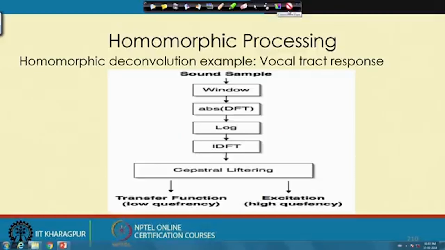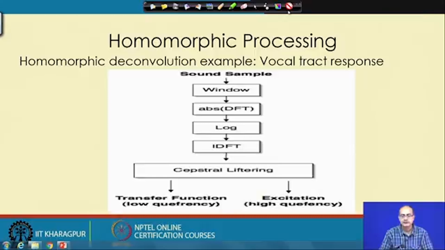So, here we take the sound sample, and the first thing is to window that sample. The reason is that first we need to ensure the signal is stationary.